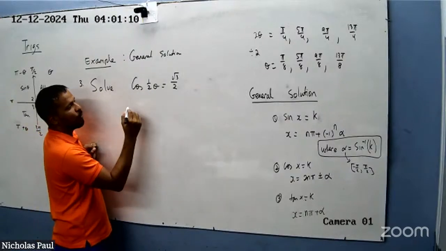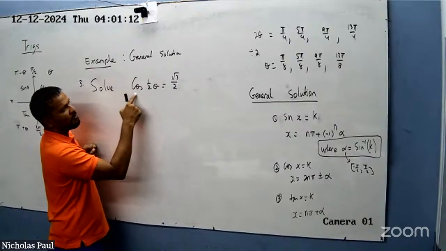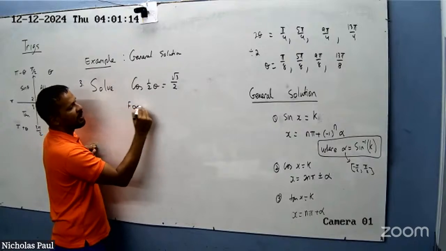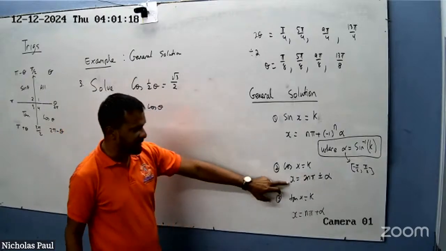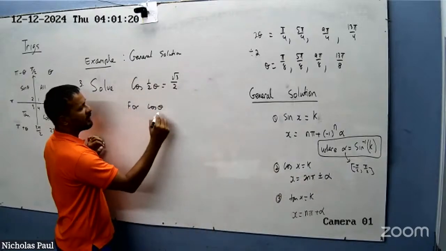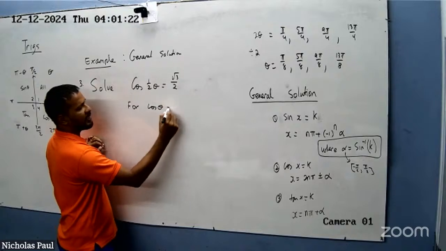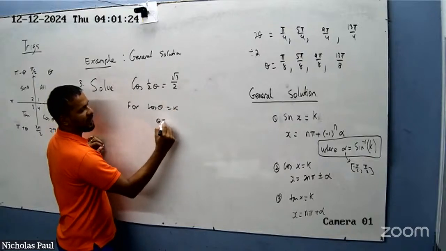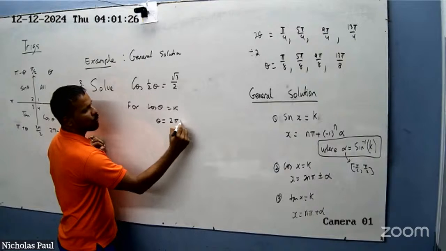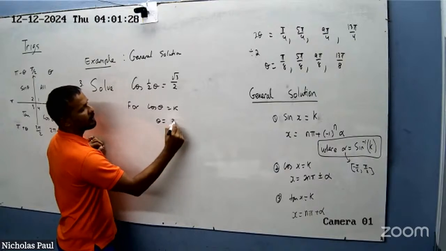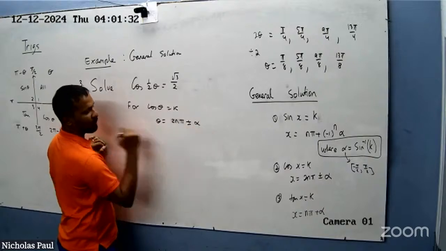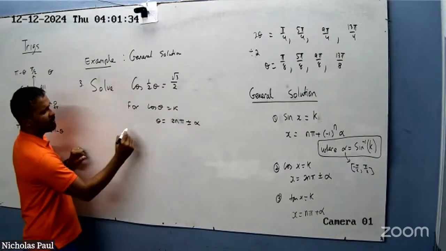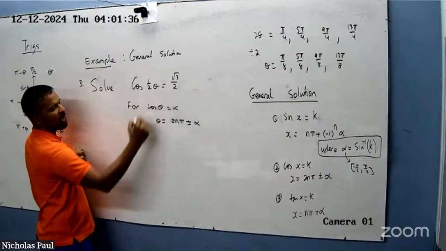I know the formula for cos theta: the general solution is theta equals 2n pi plus and minus alpha, where alpha is equal to cos inverse of that value.